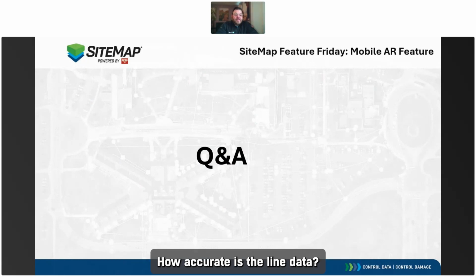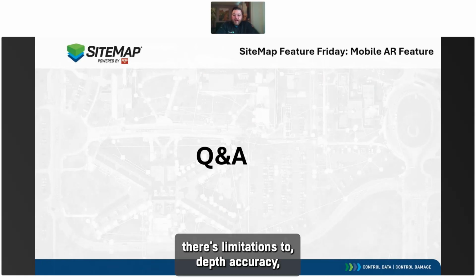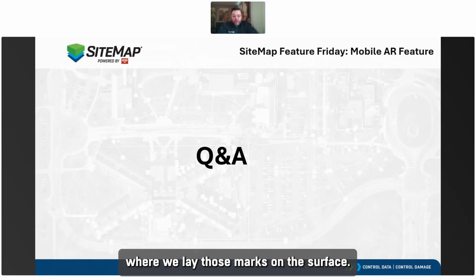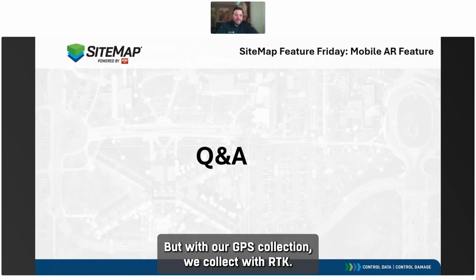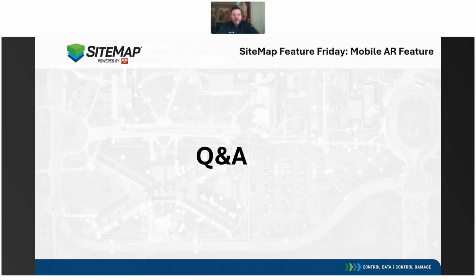How accurate is the line data? So another great question. When we collect the information and we lay paint and flags on the ground, there's limitations to depth accuracy, where we lay those marks on the surface. But with our GPS collection, we collect with RTK. RTK places the point of the feature or of the line.